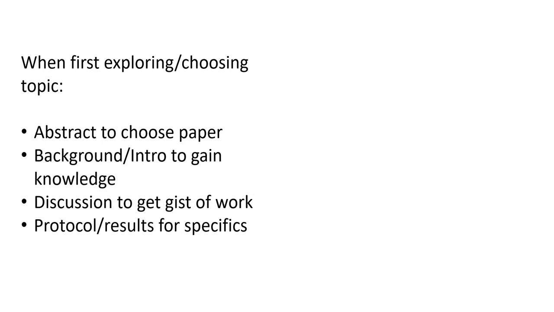They're going to help you interpret the data. They're going to tell you what they saw and which figures are important for which purposes. And then finally, you can go back to the protocol and results after you understand how they've interpreted it. So again, when you're beginning, that's a good way to do it.